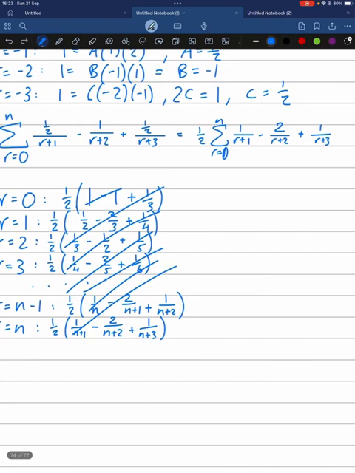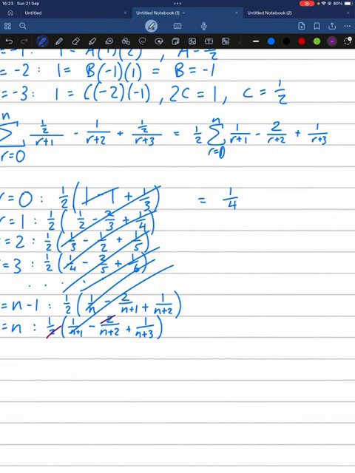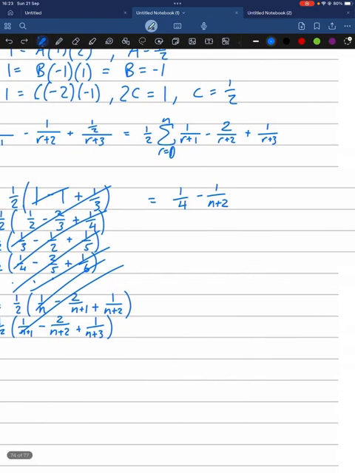So what we get is, and remember we're still factoring out the half, so this half and half will make a quarter. So it equals a quarter. Now this 2 and this 2 will cancel out, so we get minus 1 over n plus 2. Then now there's nothing to cancel out over here, so we'll get 1 over 2 lots of n plus 3.